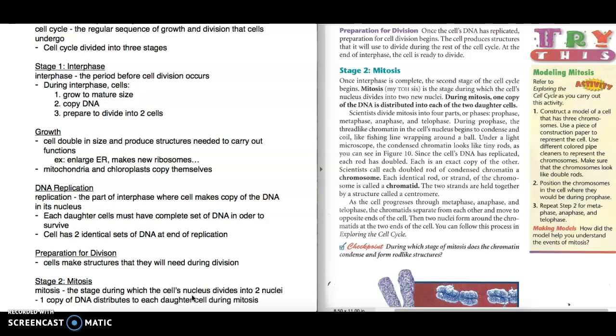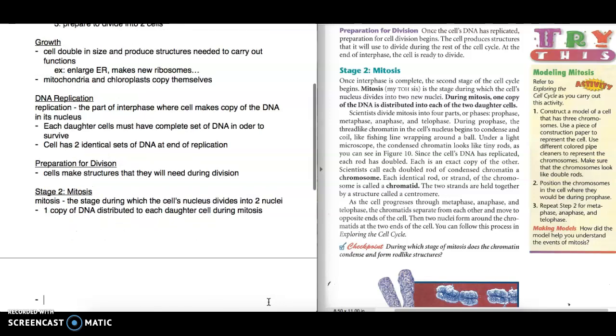One copy of DNA distributed to each daughter cell during mitosis.